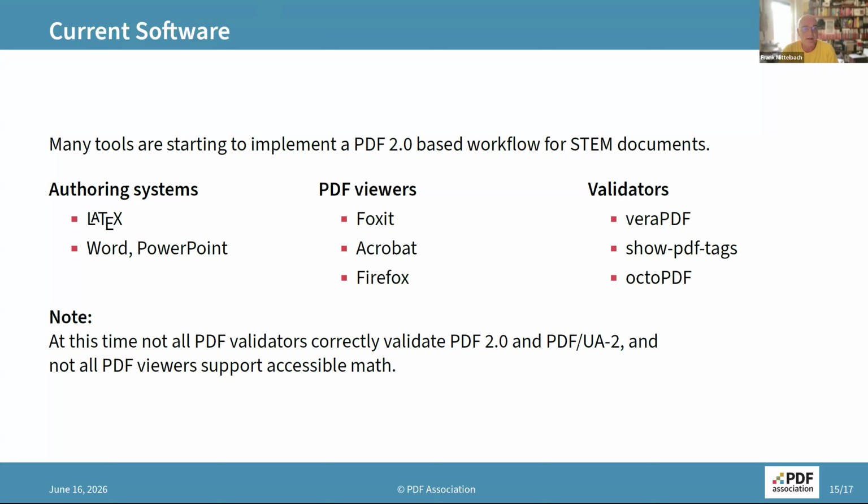On the PDF viewer side, Foxit does it, Acrobat can handle it, and as I said, Firefox, and hopefully the other browsers will follow. On the validator side, we have veraPDF, we have Show PDF Tags, and OctoPDF, so you can actually validate this, but you might find that some other validators that are being used in organizations are actually telling you the wrong information if they see a UA2 file. So that's unfortunately not yet all good, but the space is moving. Next slide.